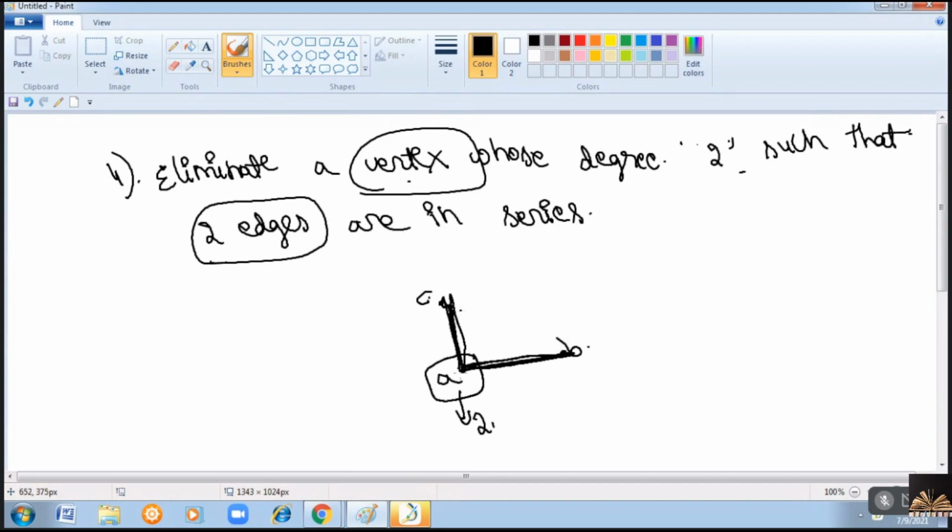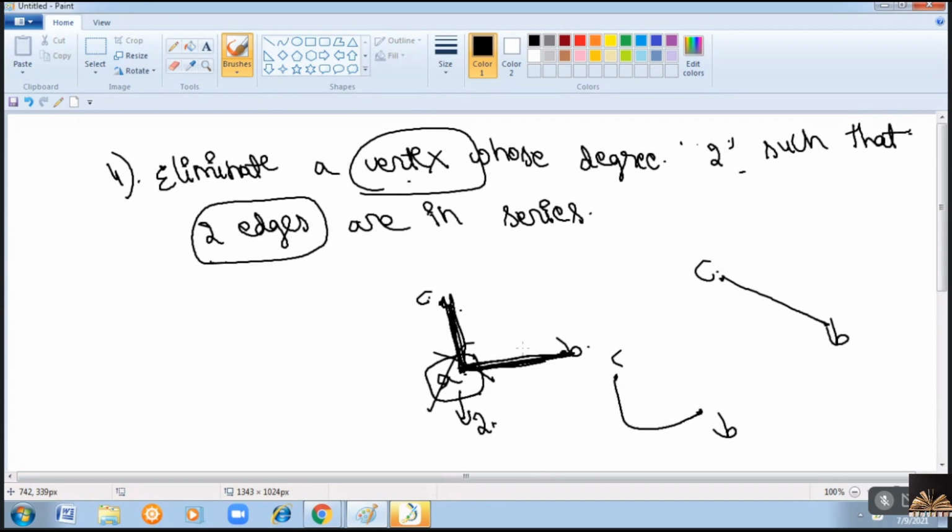Now if you have a vertex with degree 2 such that its 2 edges are in series, then you can eliminate this vertex and you can have an edge from B to C like this. This is one edge. Clear? These types of vertices you can eliminate.